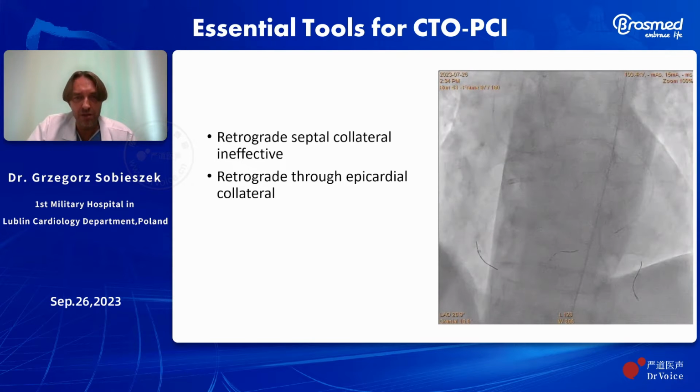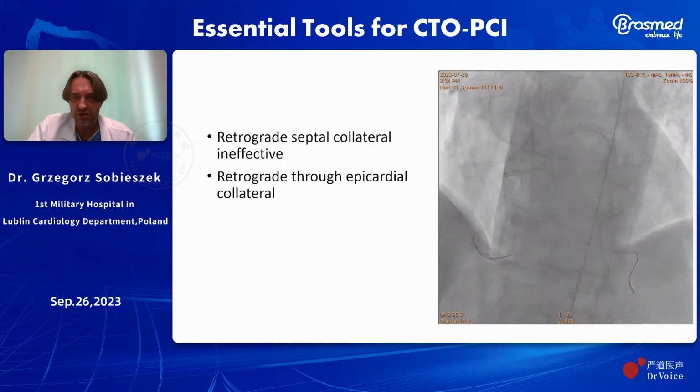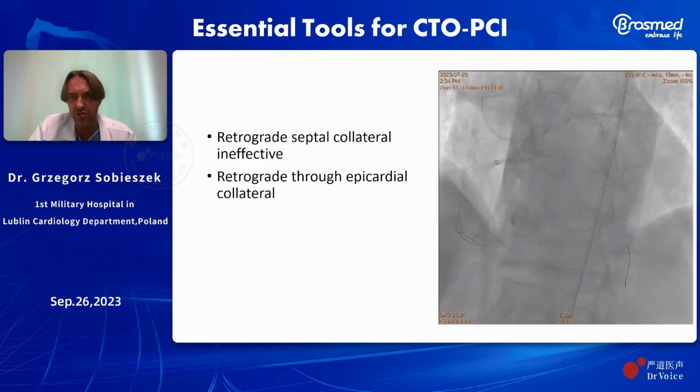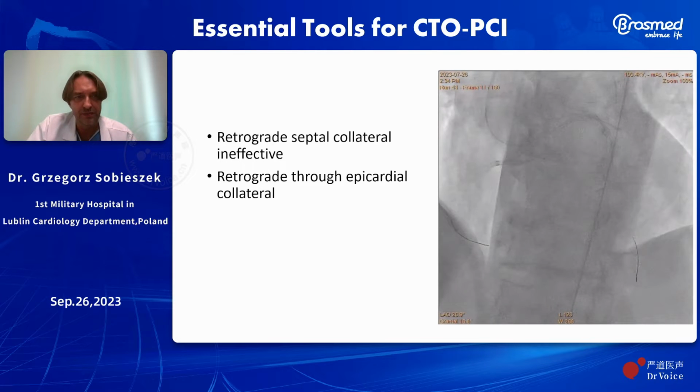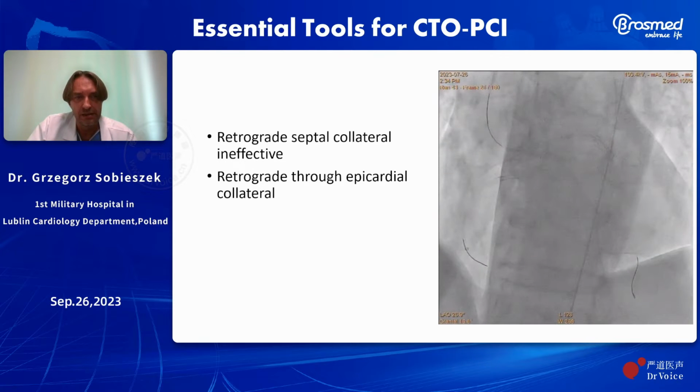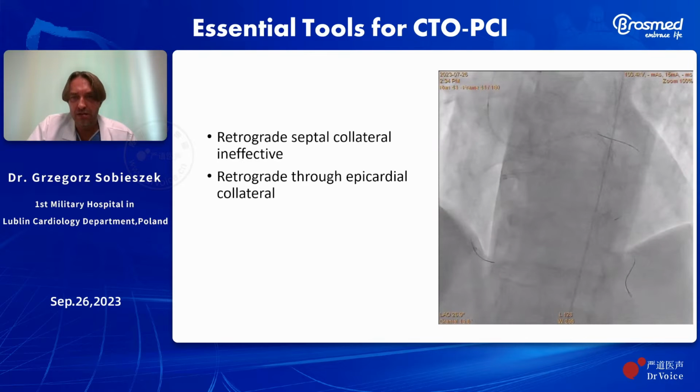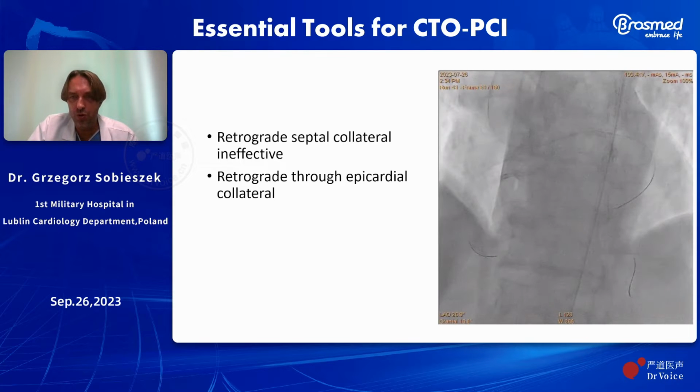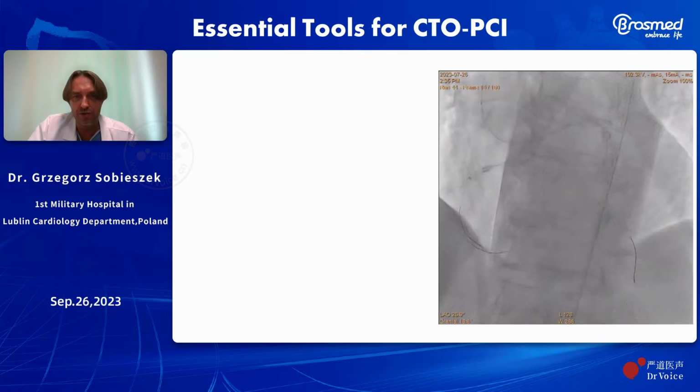And then we go epicardial. Very easy, very fast. Even it was teeny epicardial, it was rather not tortuous, as we can see. And then very easy true-to-true wiring with retrograde wire to guide extension.